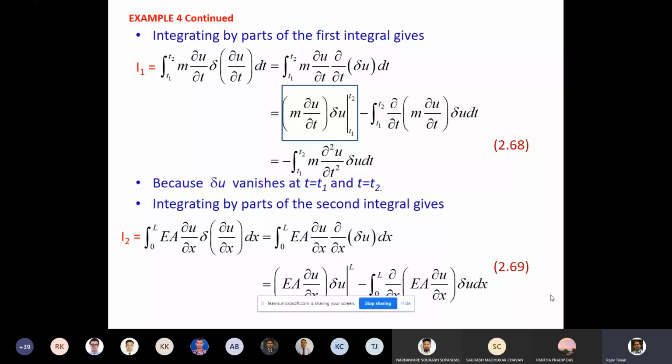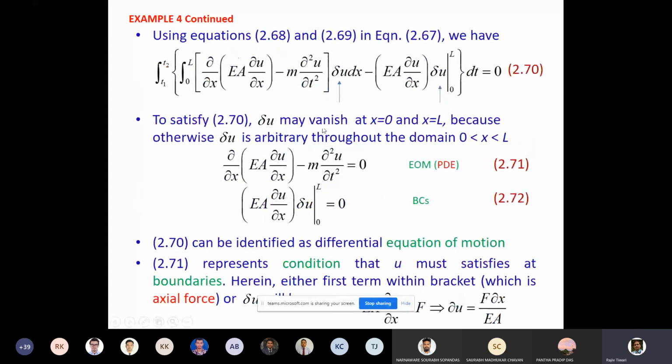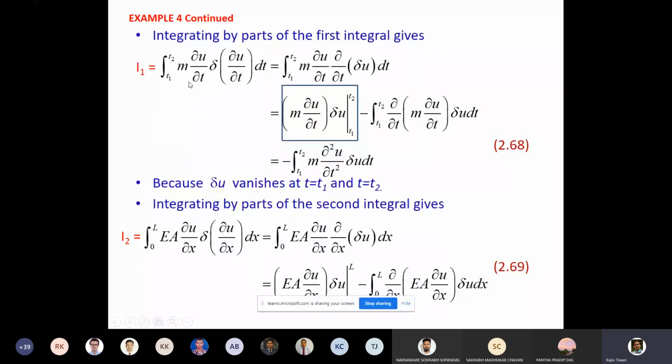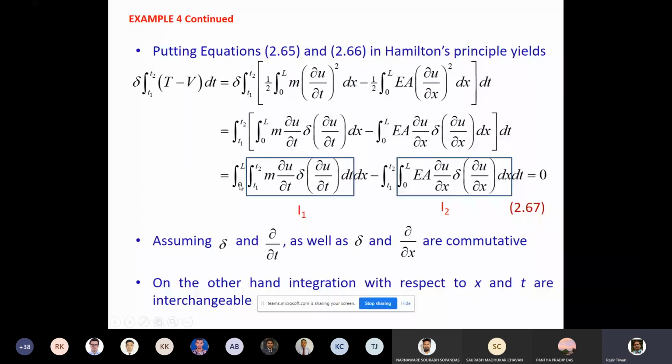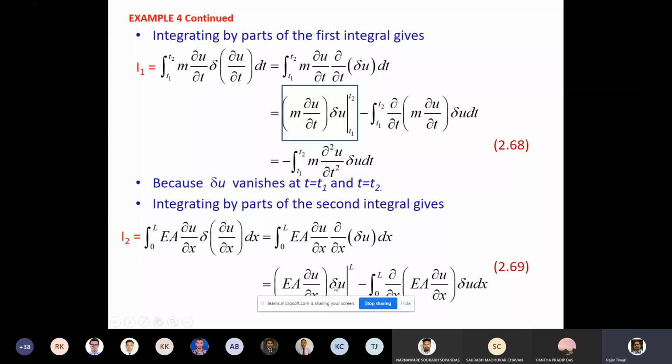Here, if you see, I've substituted I1 and I2 back in the previous expression, and I have three terms. One term is this, which involves the time derivative. Here we have the outside L derivative. Similarly, here we have this term, which is outside the integral of x. So we have three terms.